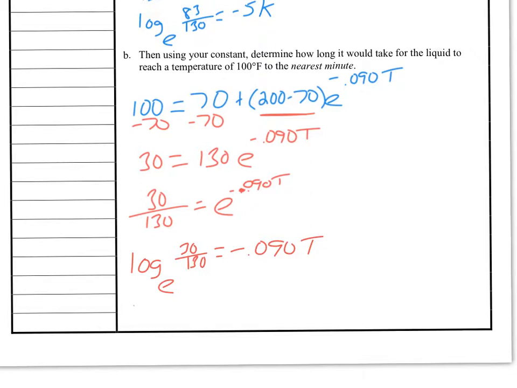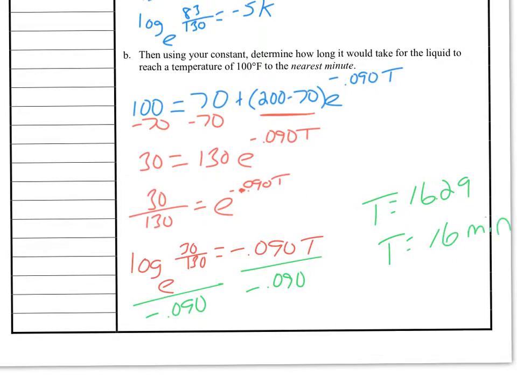When you're done with this side, you're going to divide both sides by negative 0.090, and you'll have your answer. t works out to be 16.29, so that is t equals 16 minutes. So when the question says determine to the nearest minute, you're just rounding it, okay? And you're good to go.